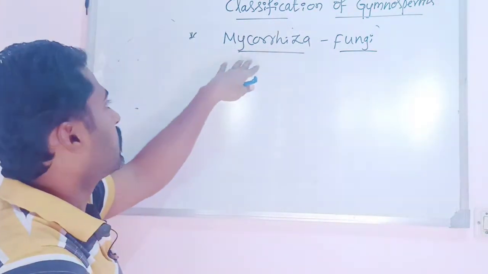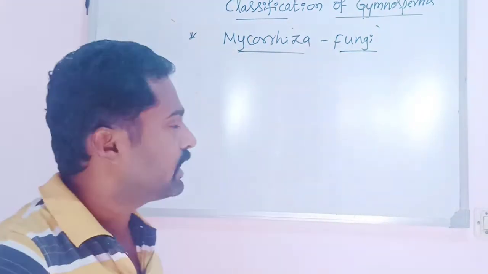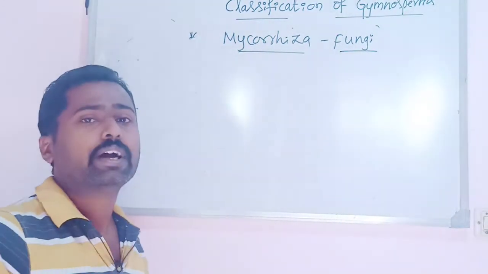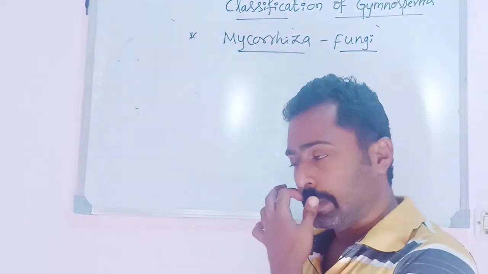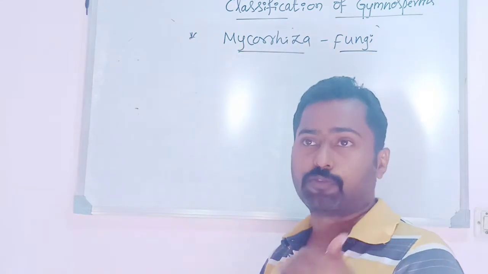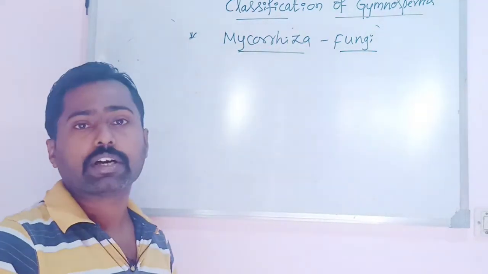The fungi help in fixation of nitrogen and provide other essential elements for the plant body, and in turn the plant body provides food and shelter for the fungi. So both live in symbiotic association.